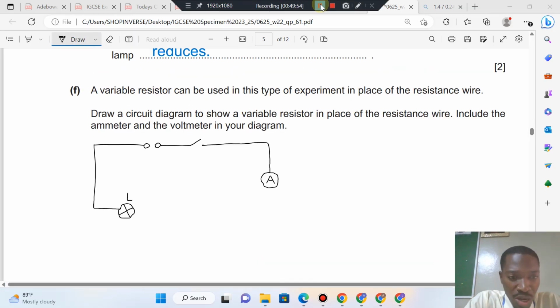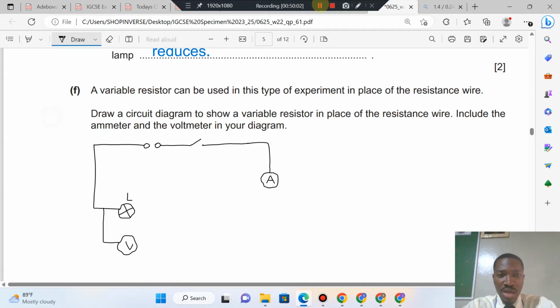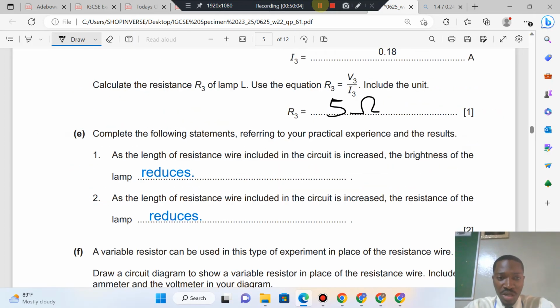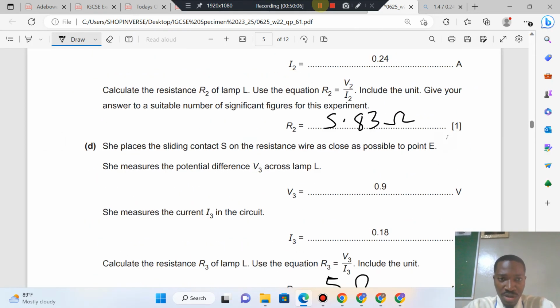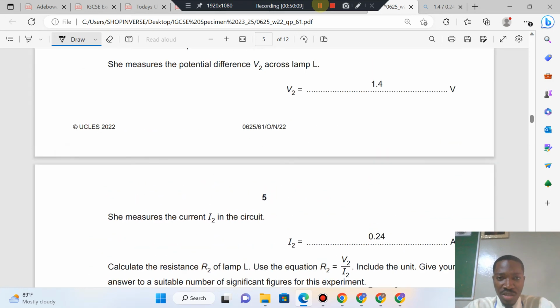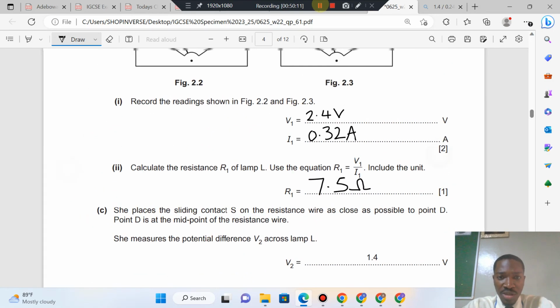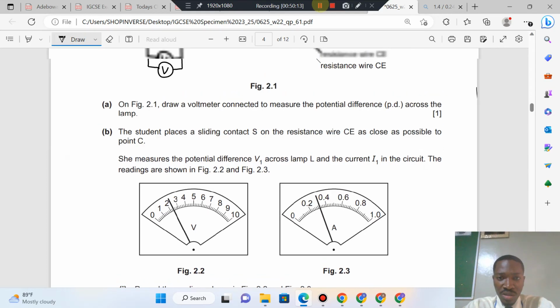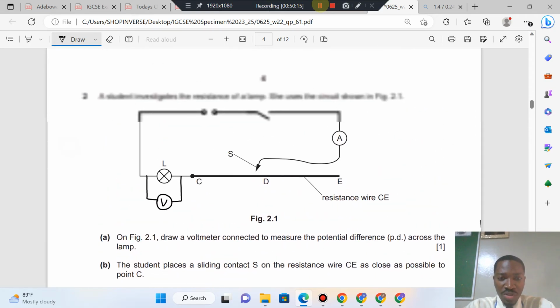So this is the circuit that we have. All the components have been included. So we have to include the voltmeter, and then we have to consider the appearance of the original circuit, and why we replace the resistance wire with the variable resistor.